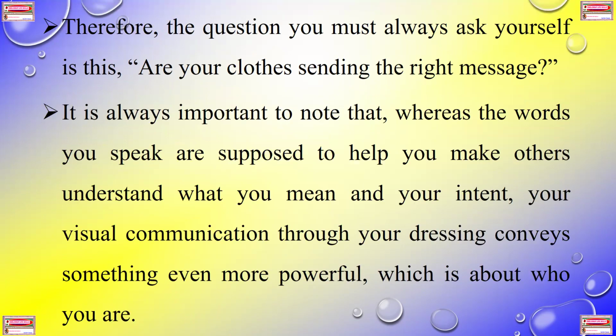It is always important to note that whereas the words you speak are supposed to help you make others understand what you mean and your intent, your visual communication through your dressing conveys something even more powerful, which is about who you are.